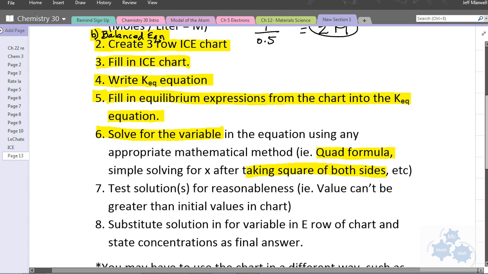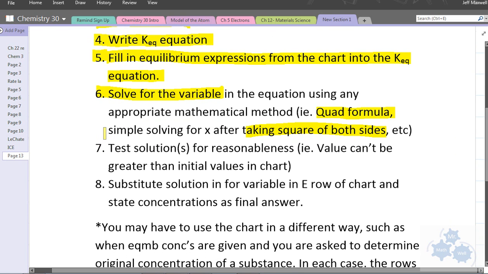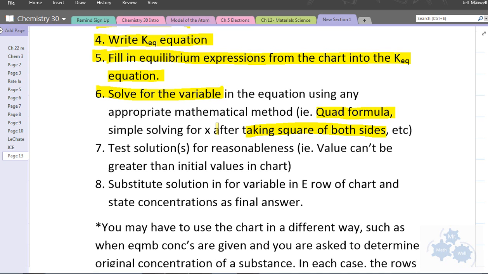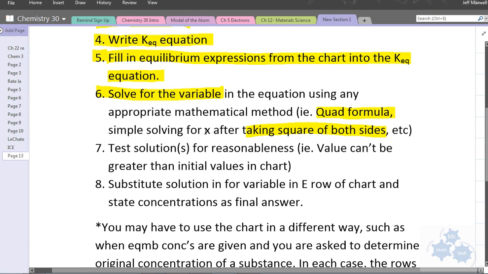The last couple of points that I put on here: test solutions for reasonableness, just to make sure that your numbers make sense. For example, when you do the math, you may get 2 values, especially when you're using the quadratic formula. You may get x equals 0.1 and 2.1, let's say. If that's the case, and you're saying to yourself, well, which one is right?